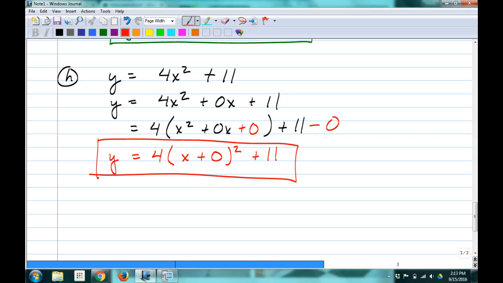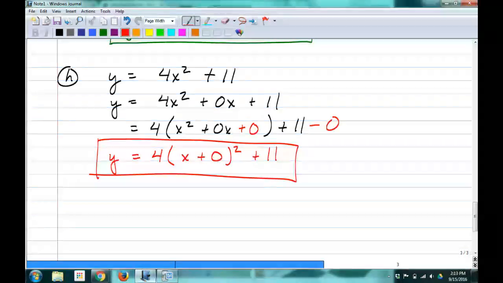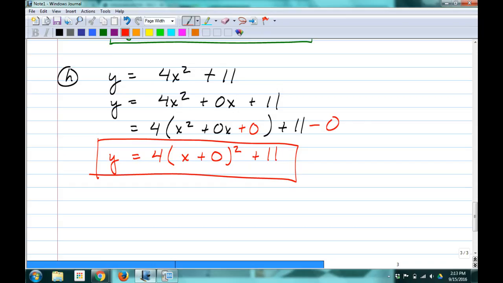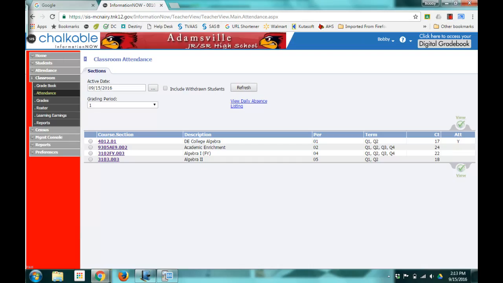The first 12, they're in vertex form. Write them in standard form. The next 12 are in standard form. Write them in vertex form. That's what I need you to do. And then tomorrow we'll take the next step. Today is the 15th.